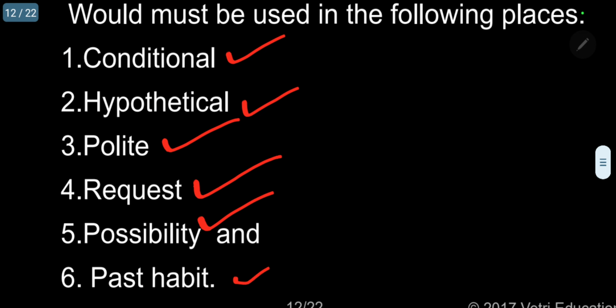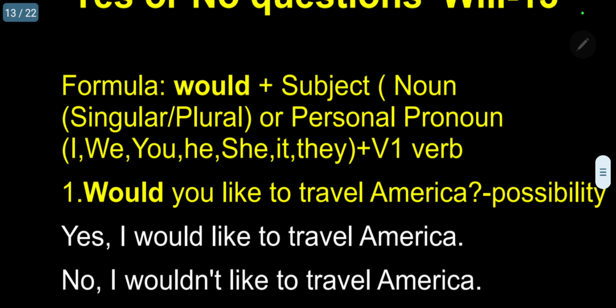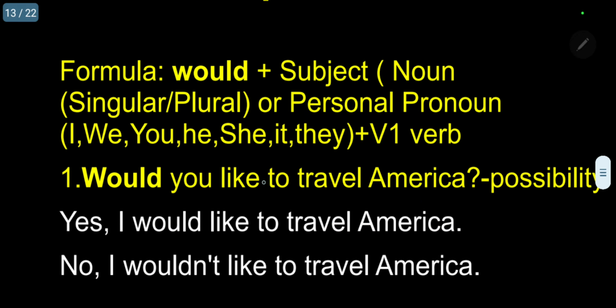Kindly follow. Only in these conditions do we apply would in near future. So I will give examples. Please follow one by one. I am giving some 10 examples to understand this.